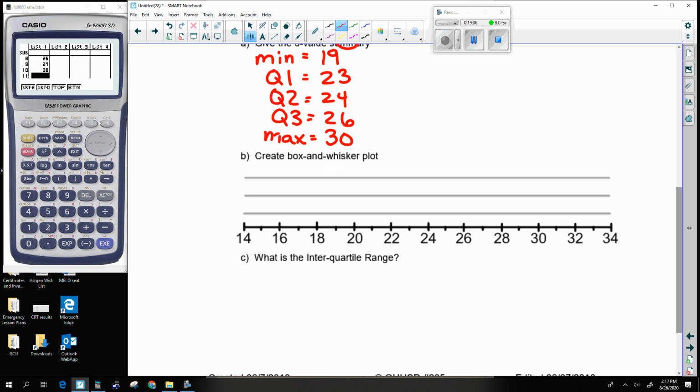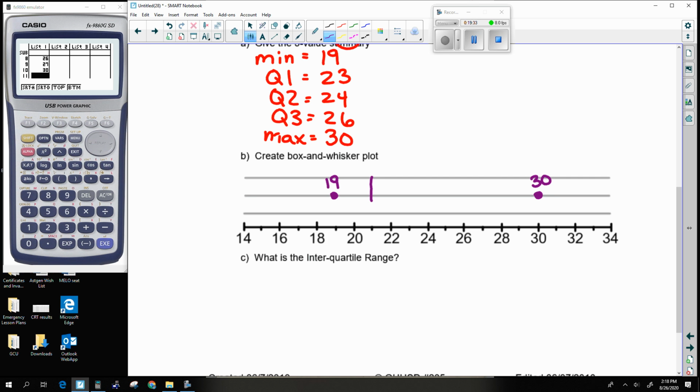Create a box and whiskers. Well, they are very nice, and they already created a number line for us. What these little gray lines are all about is to kind of help you create straight lines. So 19 is going to be right here, so I put a dot and label it 19. Don't forget to label things. 30 gets a dot, labeled 30. 23 gets a line.